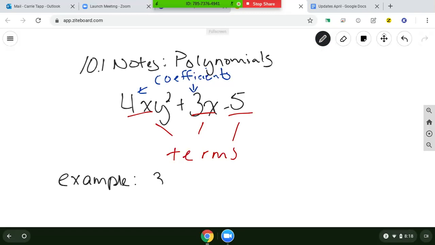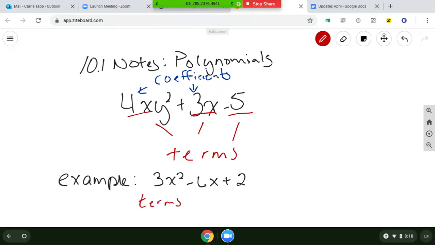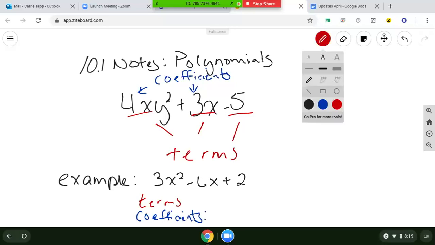So here's an example. If we go 3x squared minus 6x plus 2, okay, in your homework, it asks you to list the terms. It does give you an example, and it asks you to list the coefficients. So let's go to the terms first.